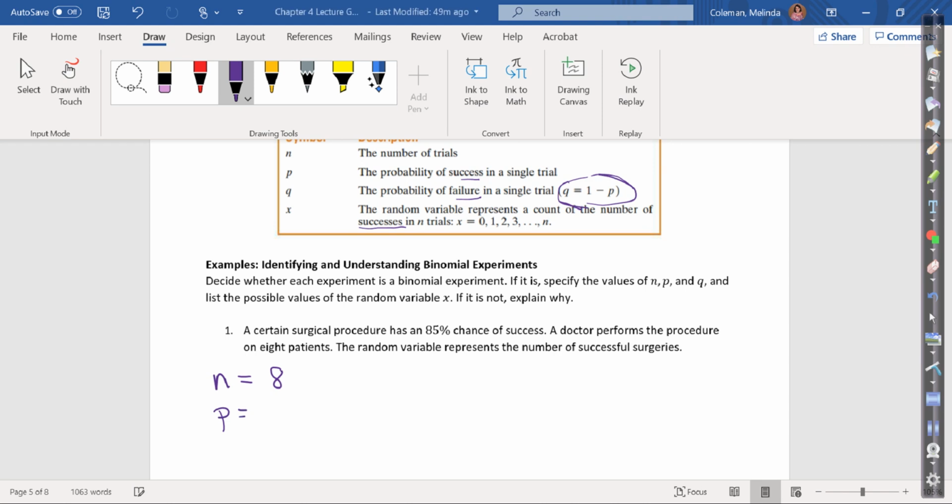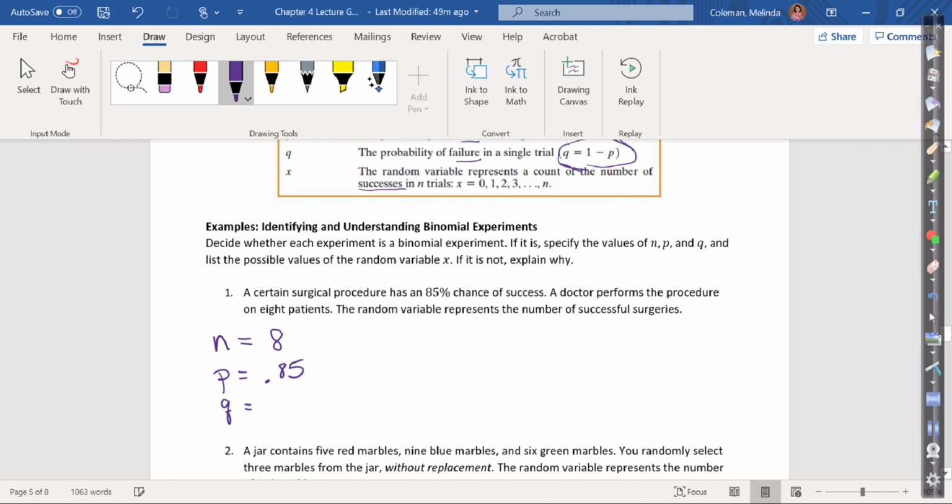P is the probability of success. The chance that we succeed is 0.85. Q then is the chance that we fail. And that's going to be 1 minus 0.85, which is 0.15. My random variable X is going to be, well, this is each successful surgery. So technically, we could have no successful surgeries.